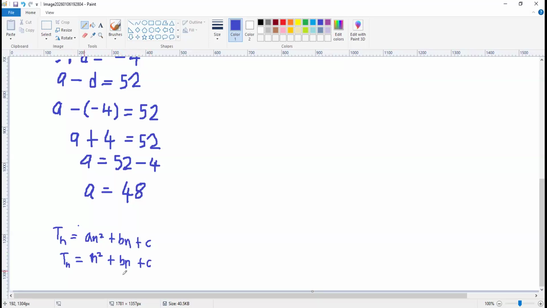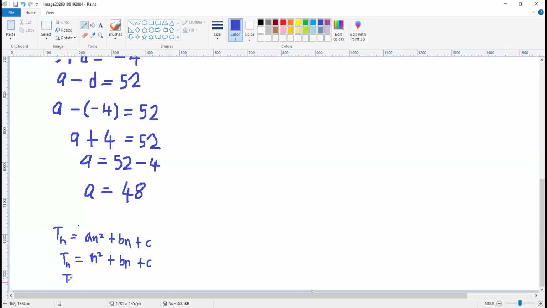Which we can use any of the terms, right? So that we can get that simultaneous equation. The first term is 3, isn't it? Okay, so let's use the first term and the second term.